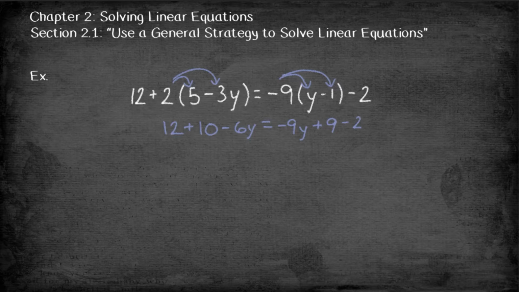All right, now we collect like terms. So we have 22 minus 6y equals 9y plus 7. The next step is to collect all of the variables on one side of the equation. So let's do that by adding 9y to both sides.